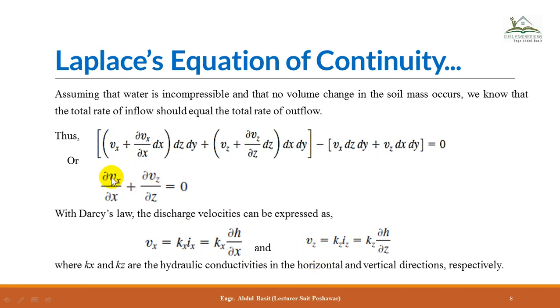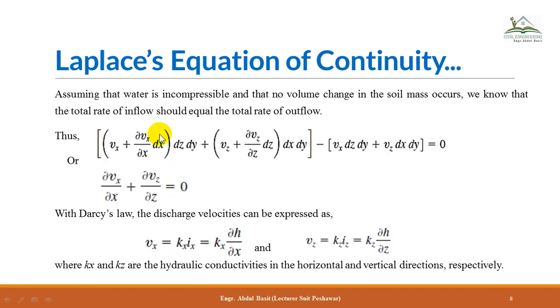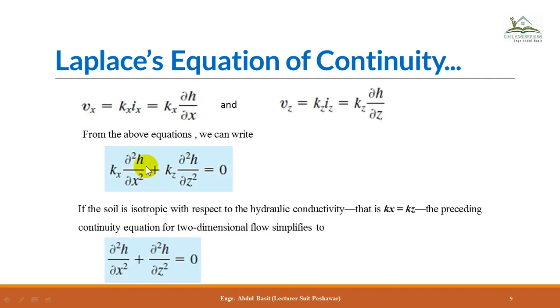Since this is already a derivative, this will give us a double derivative of h with respect to the x axis, and the double derivative of h with respect to the z axis, after putting these values in this equation.